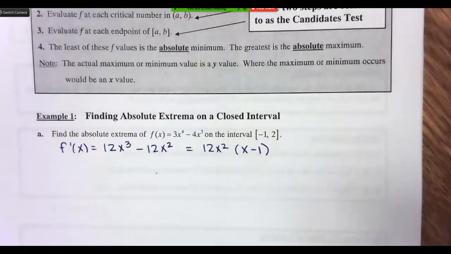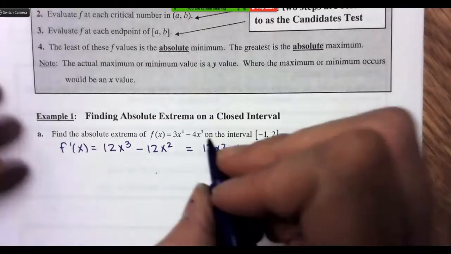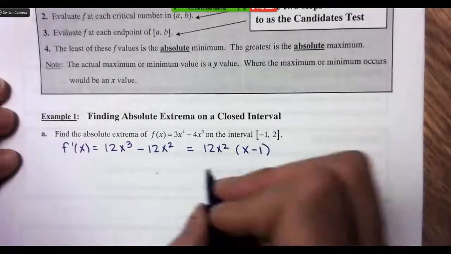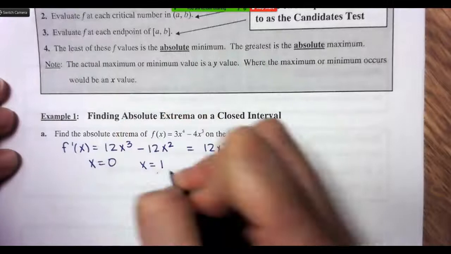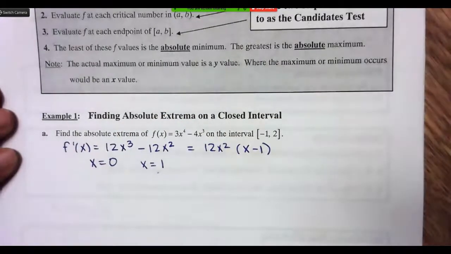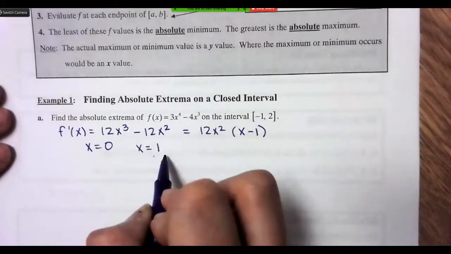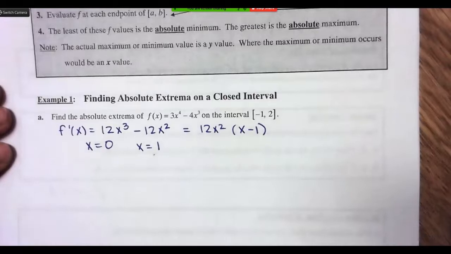So I can take out a 12x squared, leaving me with x minus 1. So that makes my critical points at 0 and 1. So the candidates test now says not only do I have to check my critical points, but I have to check the endpoints for my extrema.